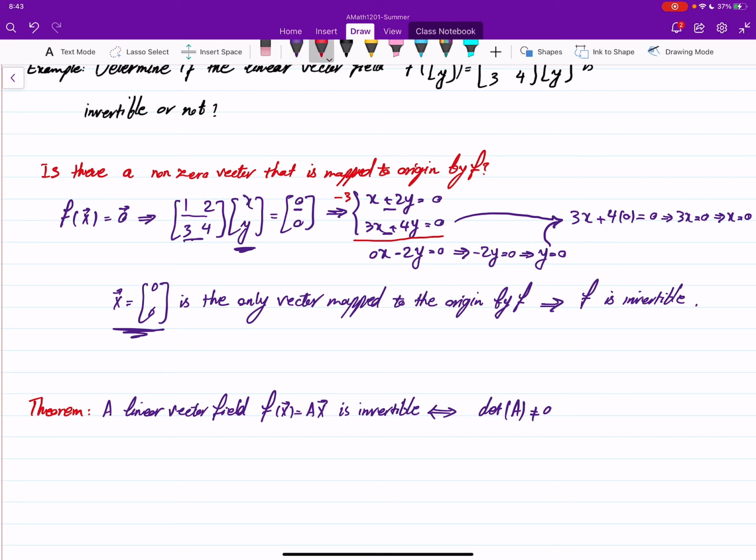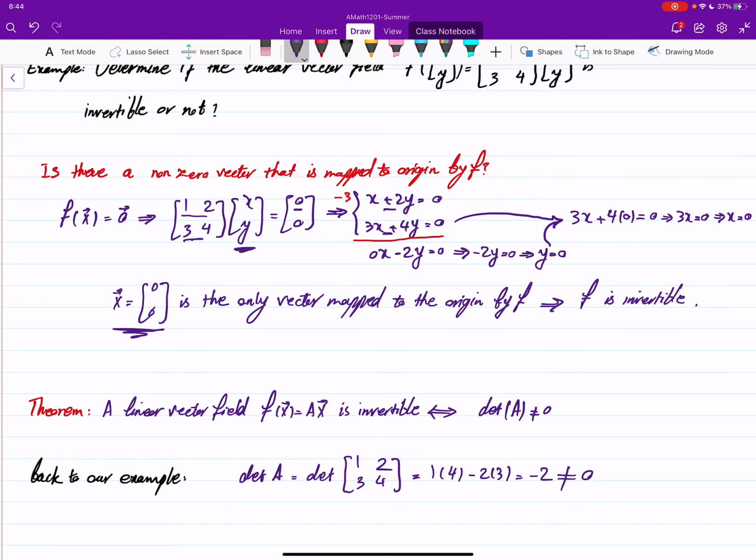Well, back to our example up there. To check the invertibility of that matrix, the only thing we needed to find is the determinant of the coefficient matrix, which in this case is, well, this is 2 by 2, so 1 times 4 minus 2 times 3, this is -2. -2 is not 0.